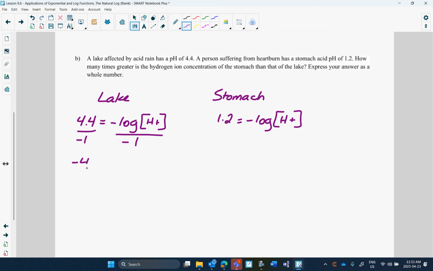So let's just do that. It's much easier to deal with when the log is positive. Notice, if ever you want to change a negative to positive, just change the sign of everything in the equation. If it's already positive, change it to negative. If it's negative, change it to positive.